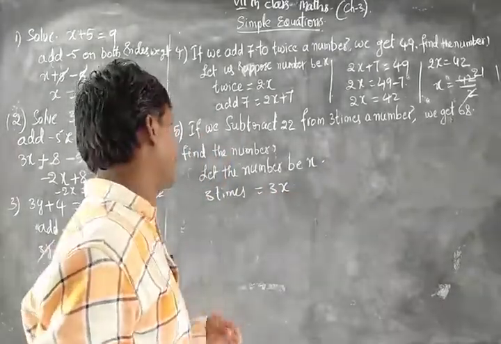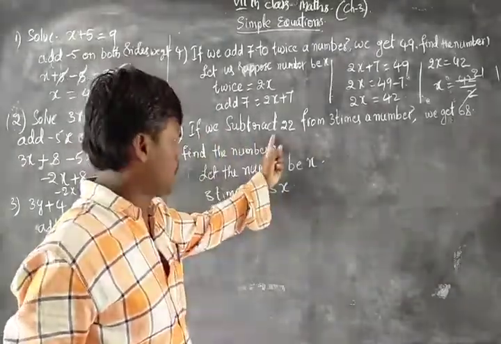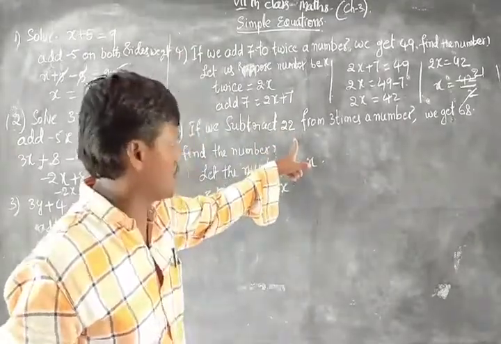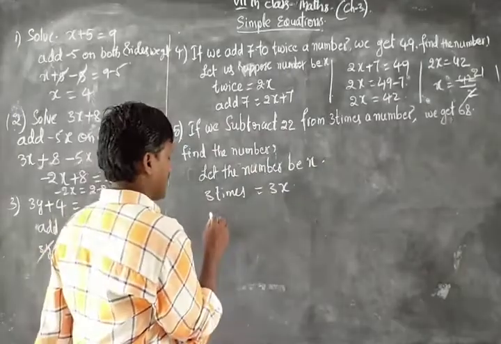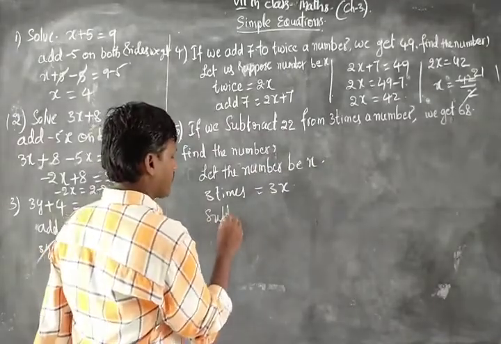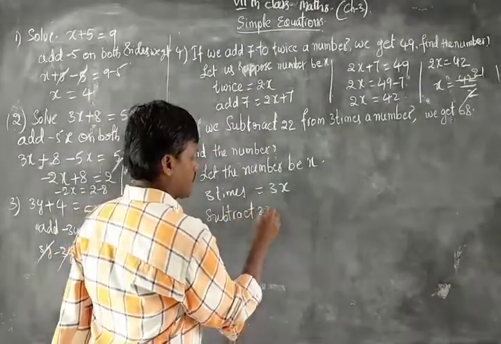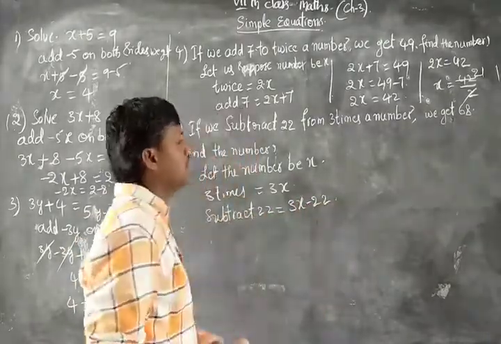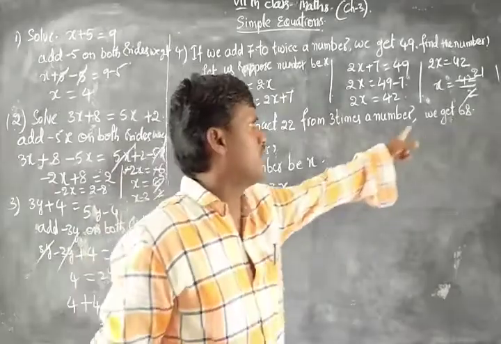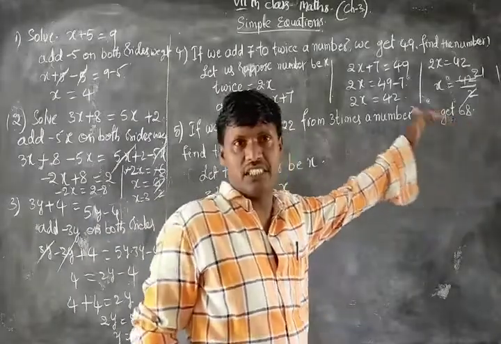And again he told that if we subtract 22 from 3 times of a number, so we have to subtract 22. How can you write that? 3x minus 22 is equal to 68. He told that in the question.